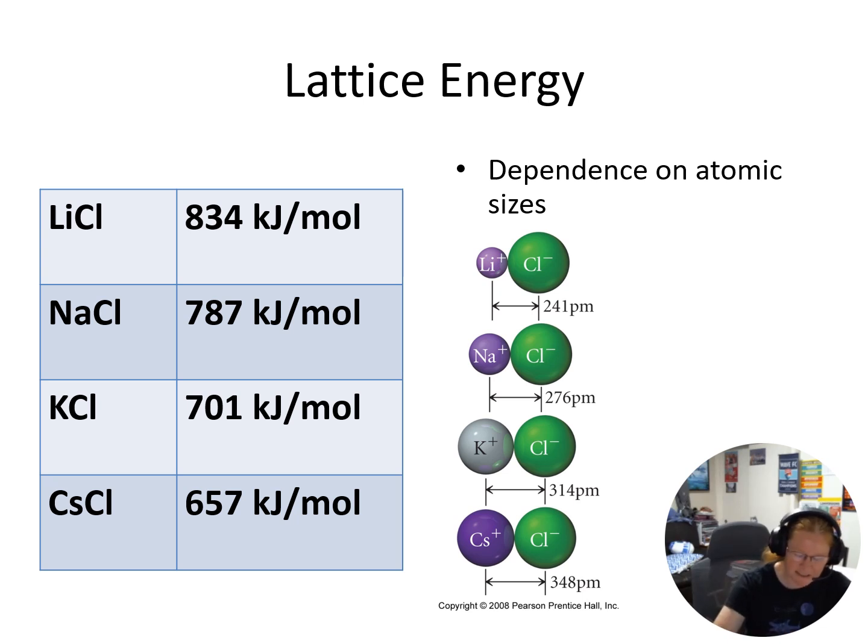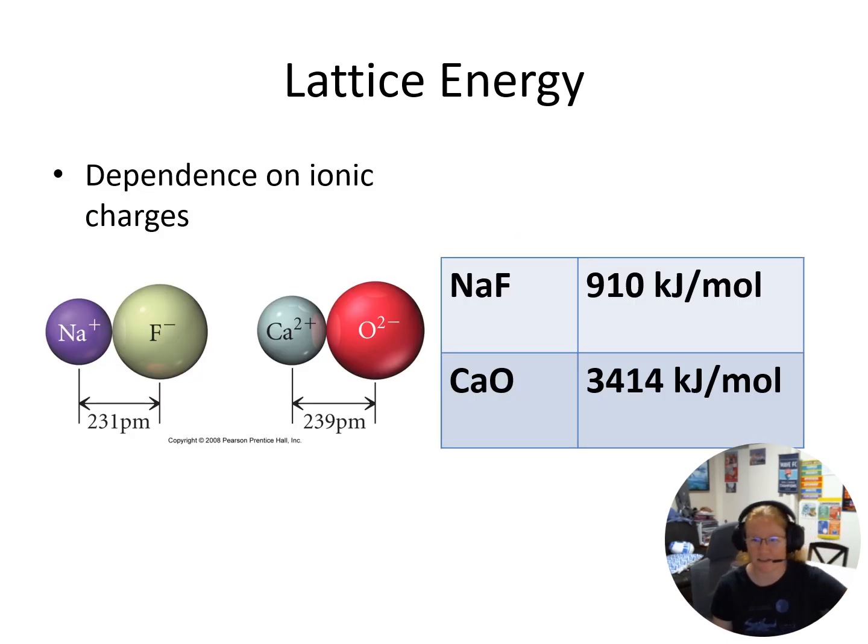We're also going to depend on ionic charges. Here I have sodium fluoride and calcium oxide. Sodium fluoride has a lattice energy of 910 kilojoules per mole, whereas calcium oxide has 3,414 kilojoules per mole. They're approximately the same distance, but the calcium oxide is a little further away than sodium fluoride. Normally the further distance would mean lower lattice energy, so here the charges are the key.